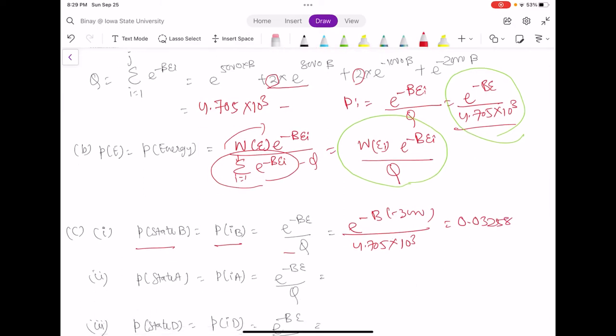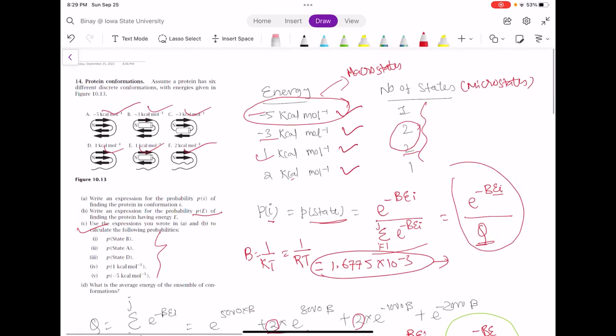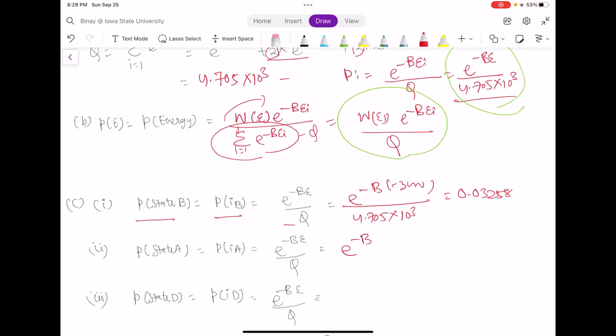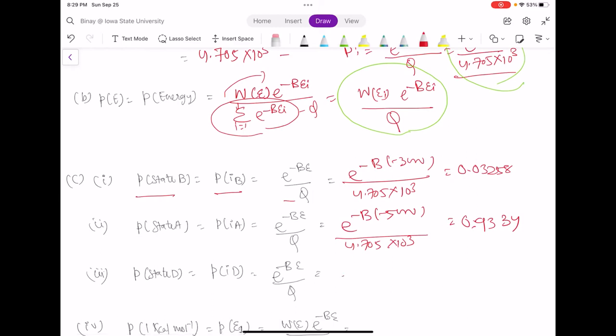Same procedure for the next one, but the energy changes; state A is -5, so e to the power minus beta times minus 5000 divided by 4.705 times 10 to the power 3, which gives 0.9334. State D: e to the power minus beta times 1000 over 4.705 times 10 to the power 3, which is 3.97 times 10 to the power minus 5.